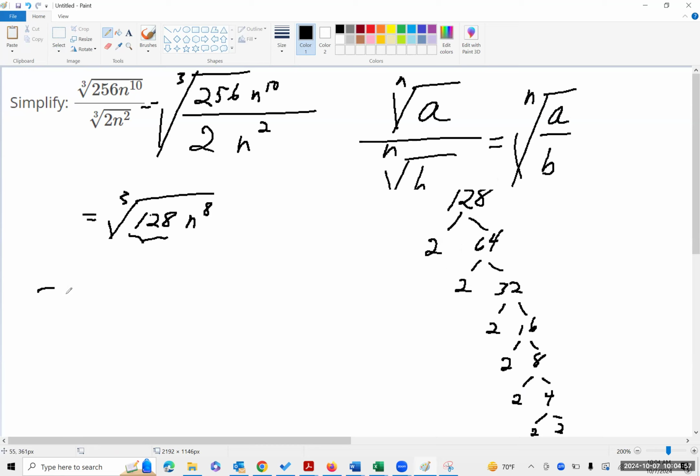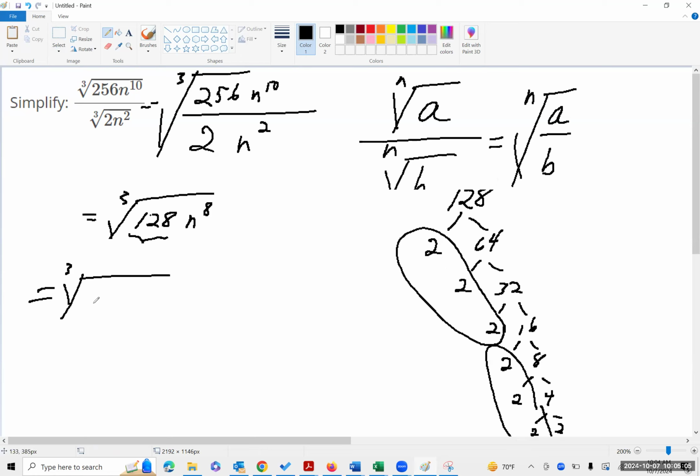So what I'm going to do is put these over here: 2, 2, 2, 2, 2, 2. And then the last one by itself over here, because I'm going to need groups of 3.